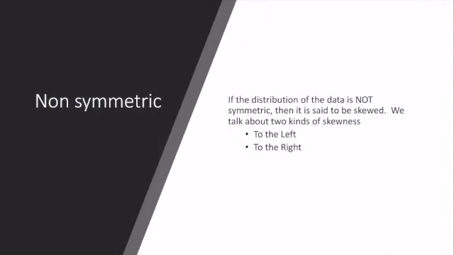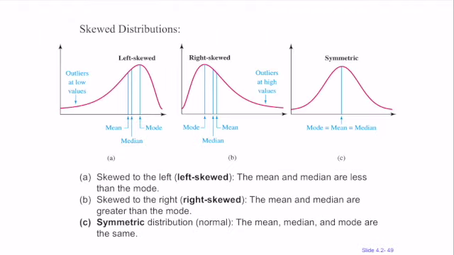If the distribution of the data is not symmetric, then it's said to be skewed. We have two types of skewness. You can be skewed to the left or skewed to the right. Here are some skewed distributions. Symmetric, we know all about that. Now, when you're skewed, we want to keep track of the mean.